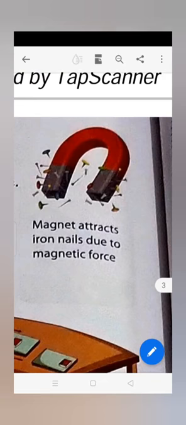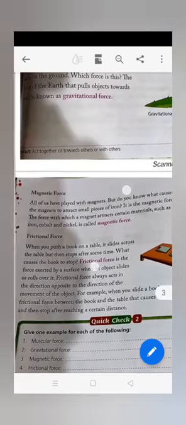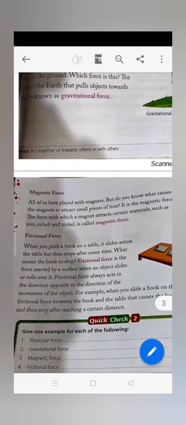The force with which a magnet attracts certain materials only, examples of such materials being iron, cobalt, nickel, is called magnetic force.